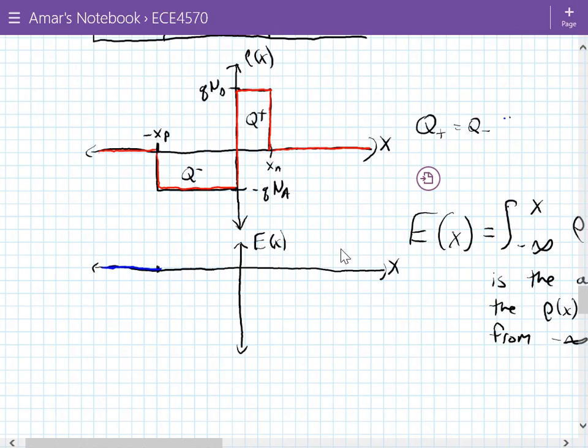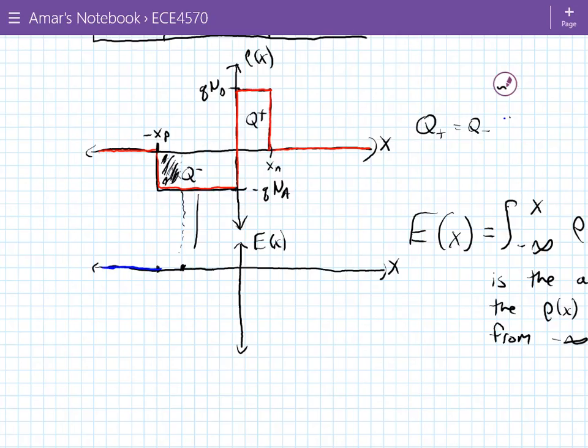Yes, Andrew? Let's say, for example, we're at this point here. If we're at this point, we have to take the integral of everything to the left, the area under the curve of everything to the left of this. As we continue on to the left, we're going to integrate even more of this area.